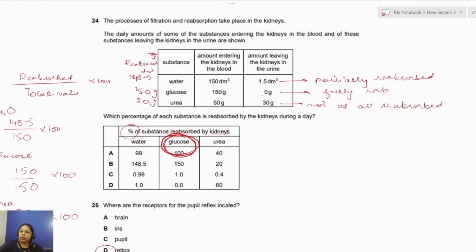Okay, let's move to 26, 27, and 28. Again, a graph is given, but I'm very confident that you would be able to crack this graph. It's easy.